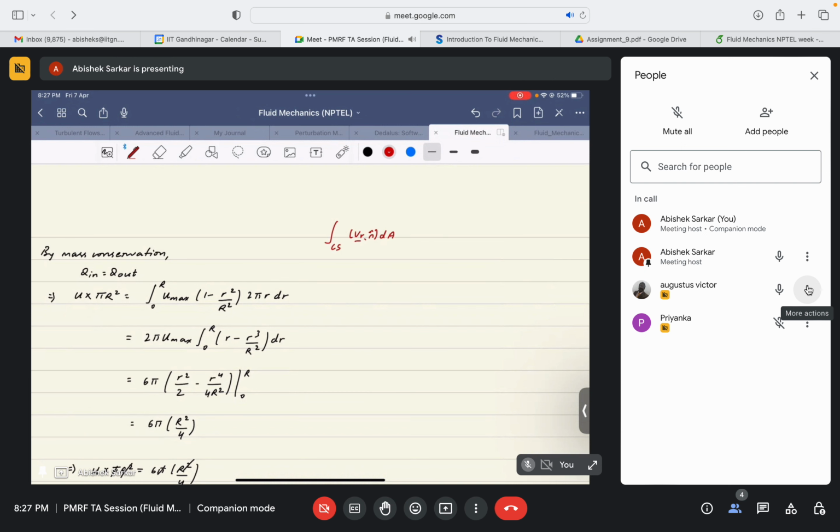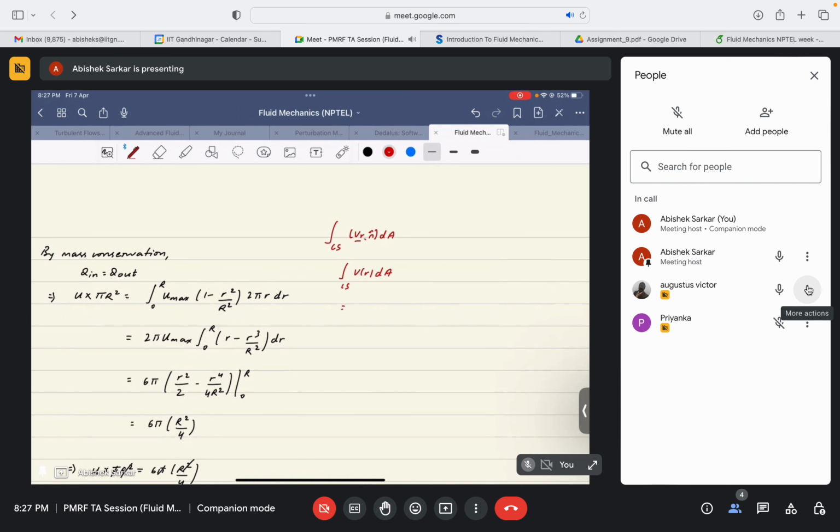Since Vr is the absolute velocity and n cap is the unit normal vector, and since there is no angle between the area vector and the velocity vector, it will essentially give us V of r dA here.